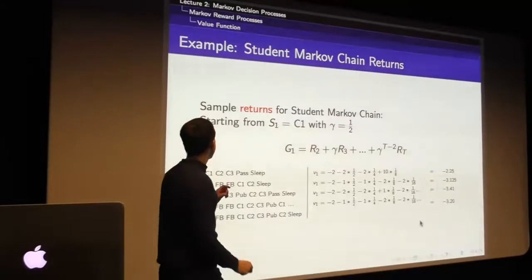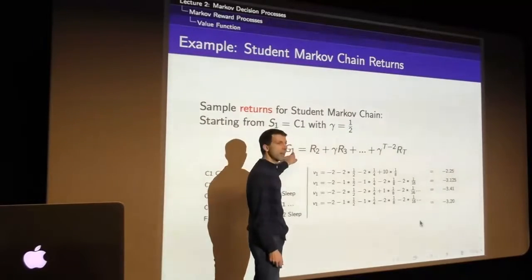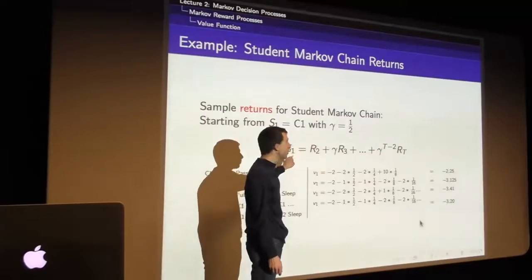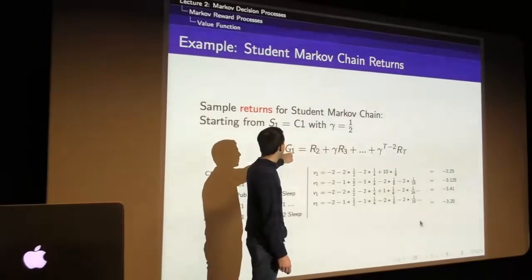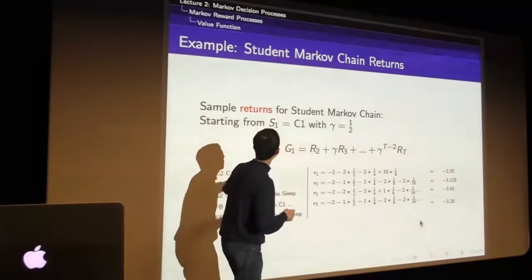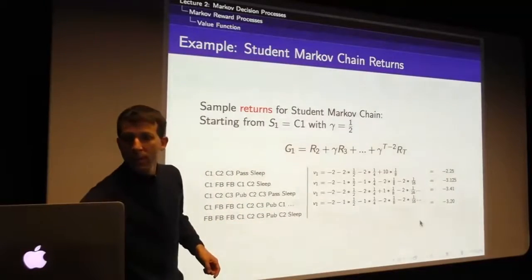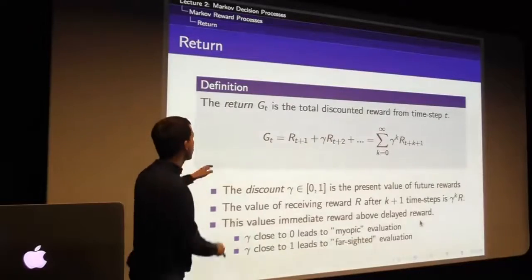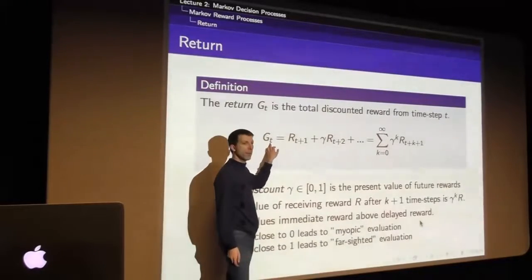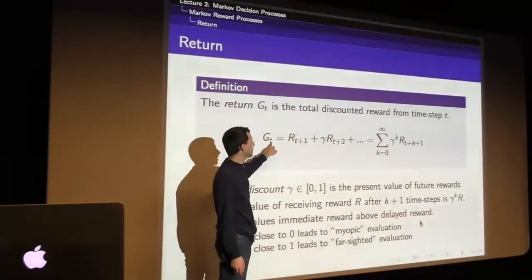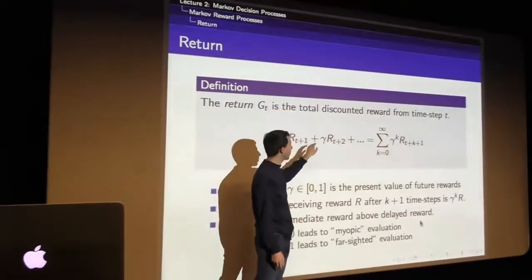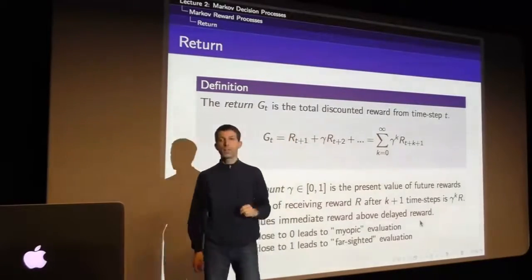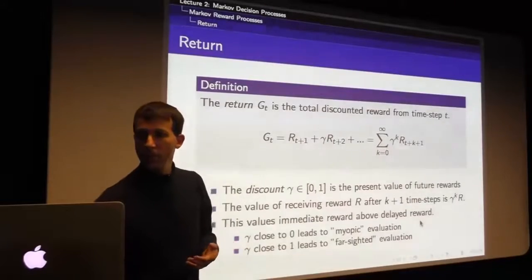No, these subscripts are time steps. If we go back to the definition of return, the return starting at time step t is the rewards from that time step onwards. So now we're considering a bunch of different returns.